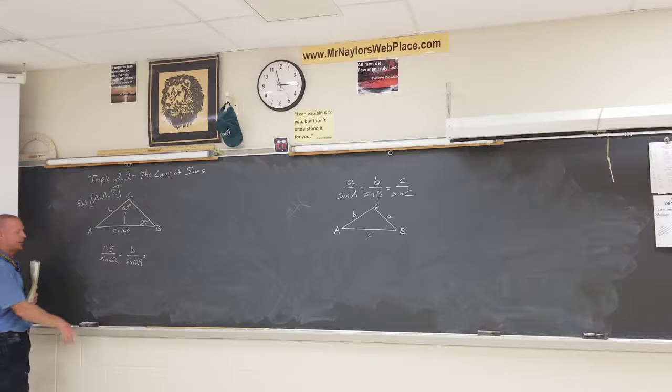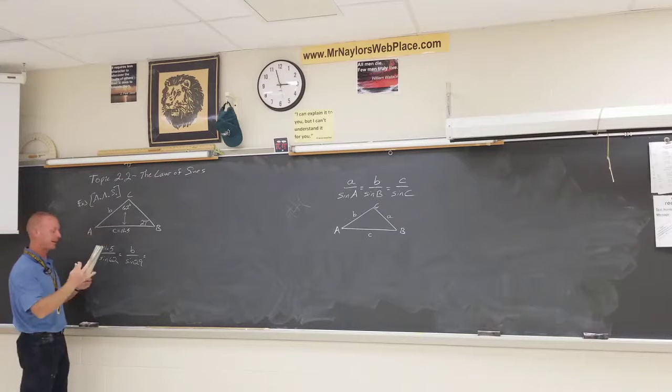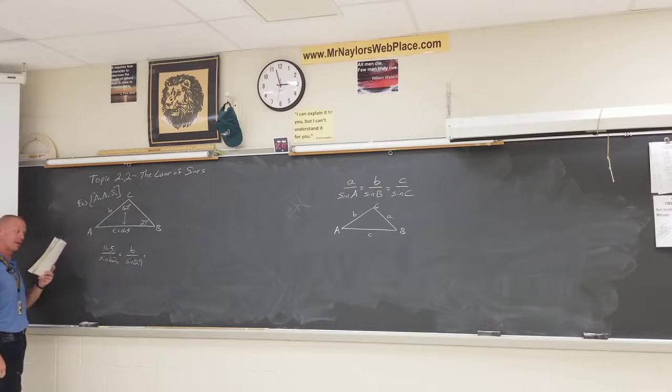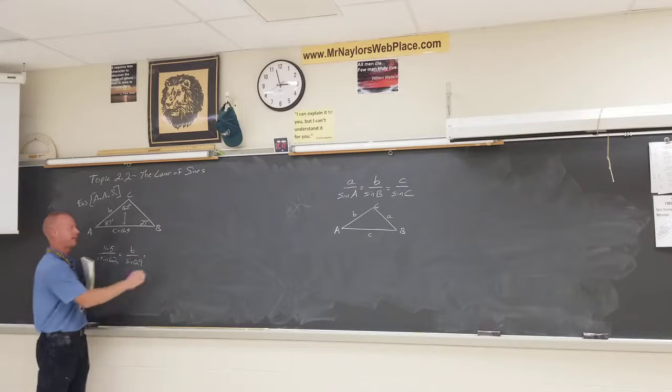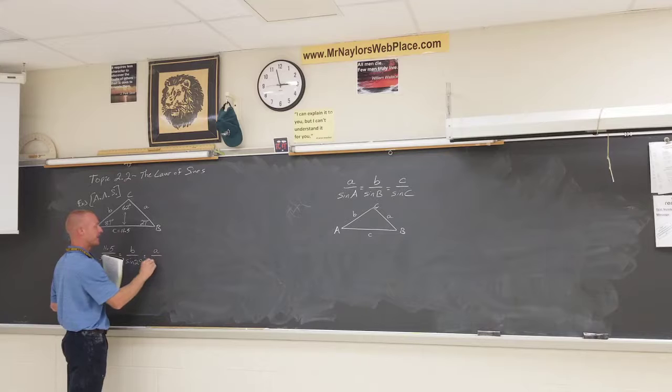Well, it's not that lonely. It's part of the triangle. It just needs to be calculated. We would have to find angle A, and you would find that to be 89. And now we can talk about side A with the sine of 89.